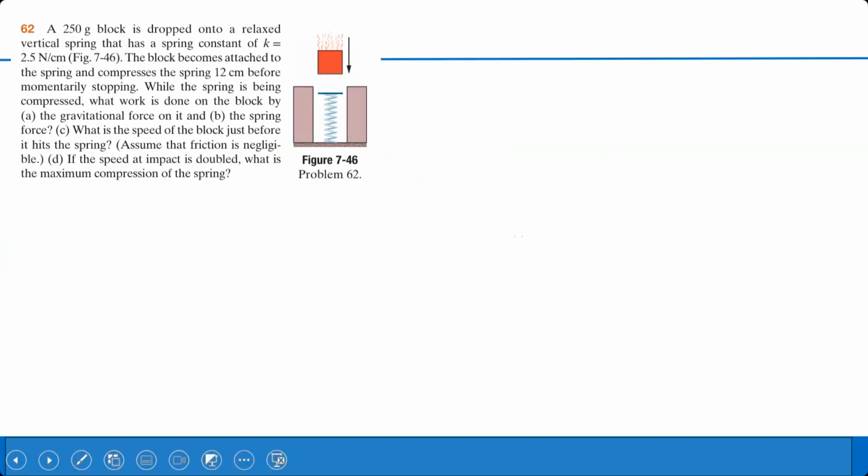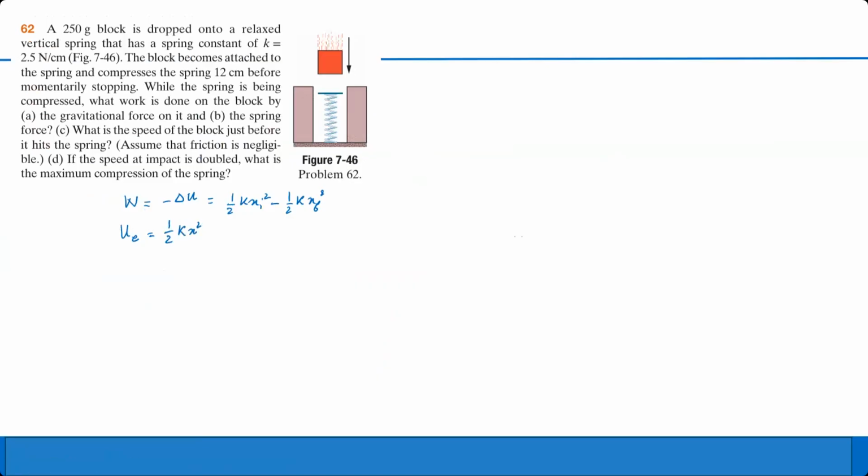This problem is on the work done by a spring. So I would like to just remind you the work done by a spring is equal to minus the change in potential energy, and this is basically half k x initial squared minus half k x final squared. And if we were asked about the elastic potential energy of the spring, this is half kx squared.